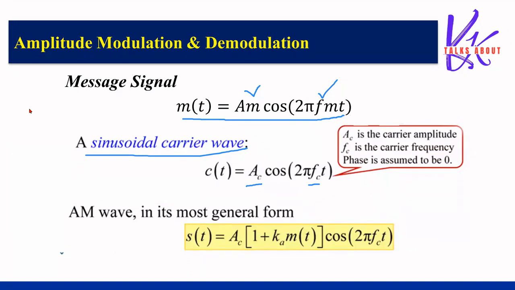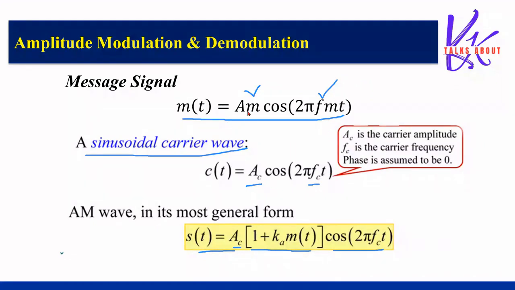When we give the message signal and the carrier signal to a modulator, we get the modulated wave output, which has the general form s(t) = Ac [1 + Ka m(t)] cos(2 pi fc t). Here we are considering the phase to be 0.